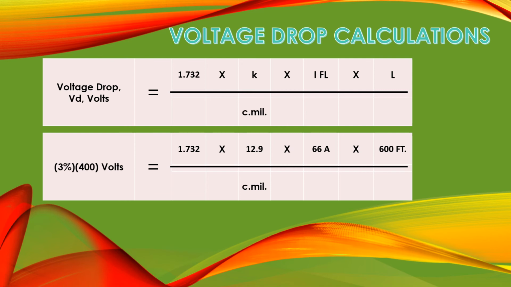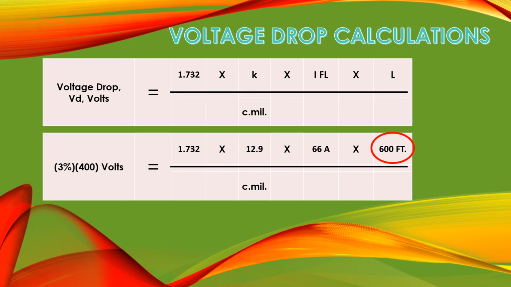Now here, we will see what size of conductor is exactly required. If we maintain this 600 feet, that distance we will maintain and we will limit the 3% voltage drop. So here we will maintain the 600 feet because in actual installation, if the distance is 600 feet, you cannot decrease your cable or conductor length.